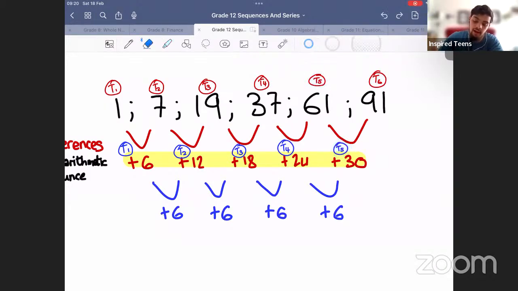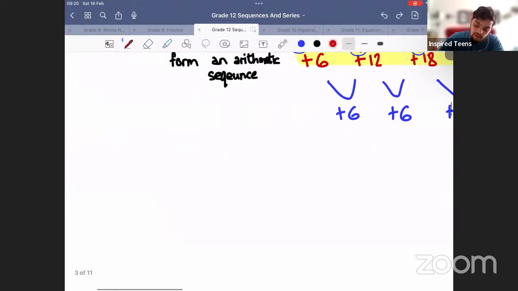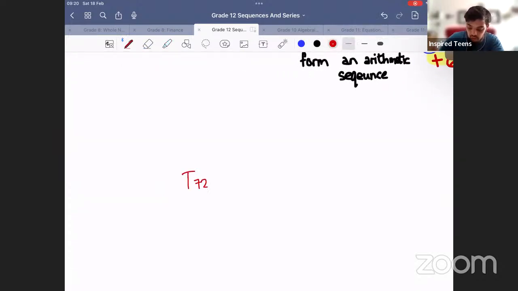So if we had to have T72 in arithmetic, let's write arithmetic because we've been writing it this whole time. If I have the 72nd term in the arithmetic and the question says, between which two terms in quadratic is it, it would be T72 of quadratic and T73.